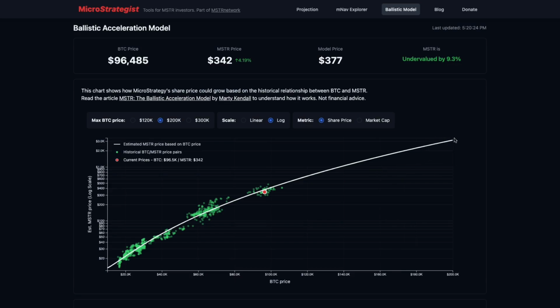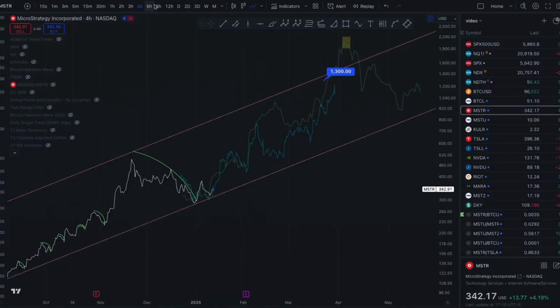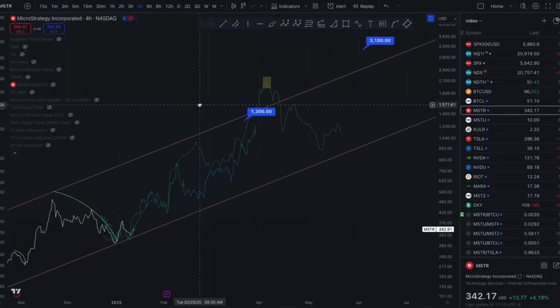Okay, what about 200K? That puts the estimated MSTR price at 3.1K. Again, this is Marty's model. Okay, what about 250K? 6.7K MicroStrategy, and 300K, 12.7K MicroStrategy.